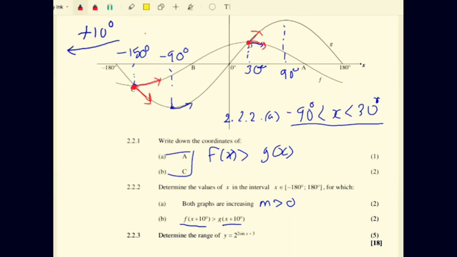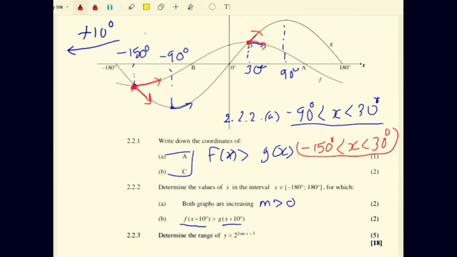So from minus 150, the y values of f are greater than the y values of g. This happens from minus 150 degrees all the way to 30 degrees.